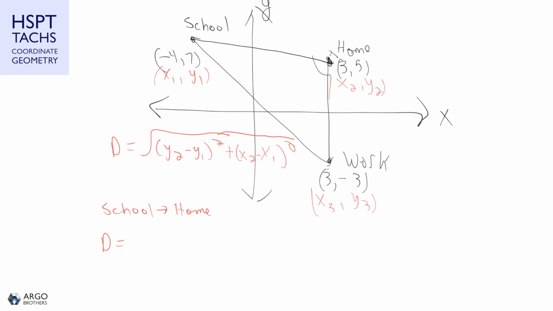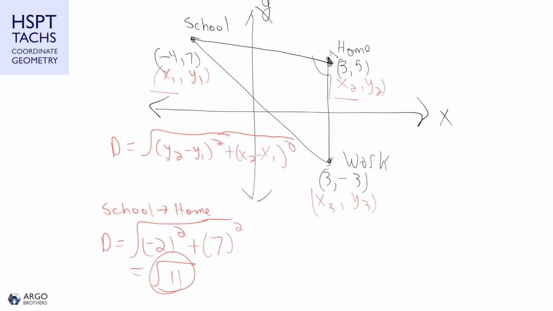Okay, so what is that distance? That would be 5 minus 7, y2 minus y1. 5 minus 7 is negative 2. We square that. Plus x2 minus x1, which is 3 minus negative 4. 3 minus negative 4 is 7. So that's 7 squared. And that equals the square root of 4 plus 49, or 53. So the distance here is the square root of 53.